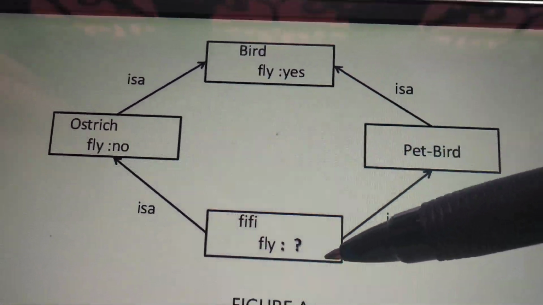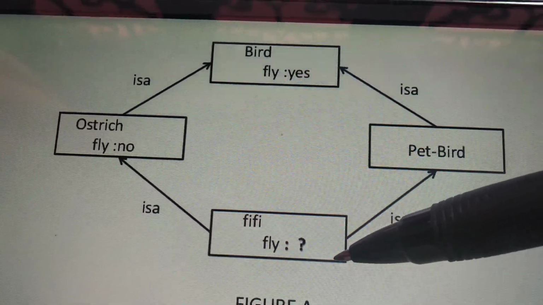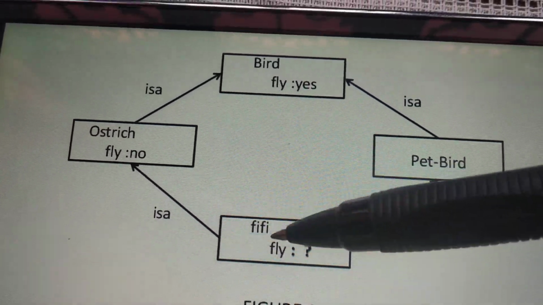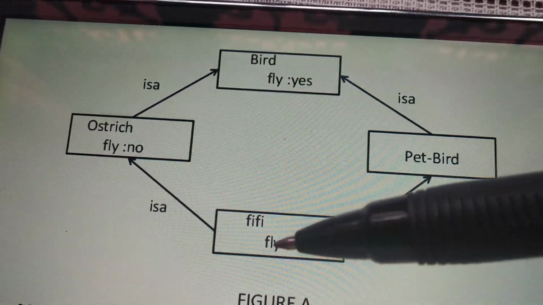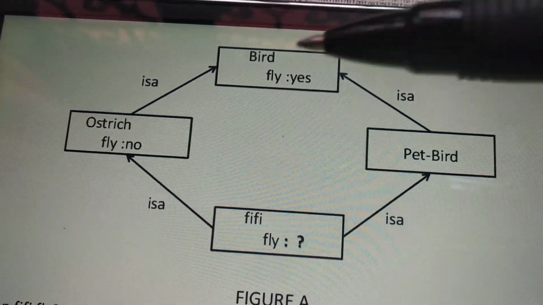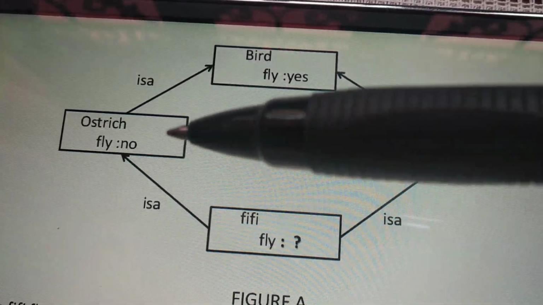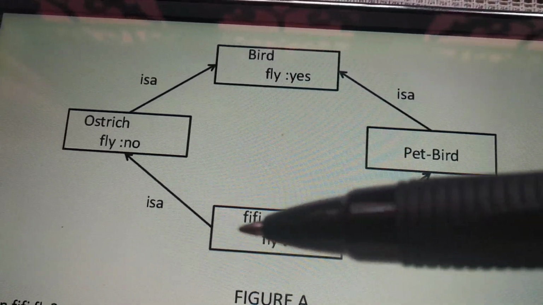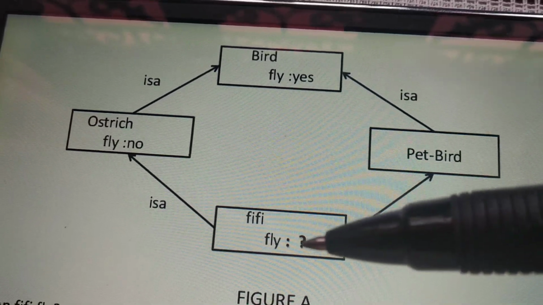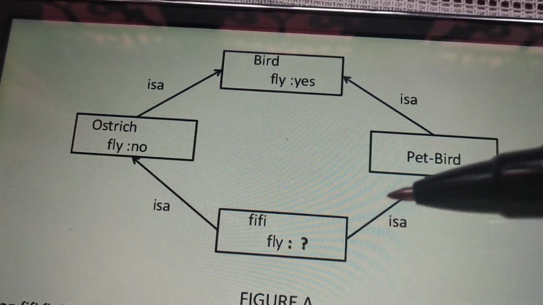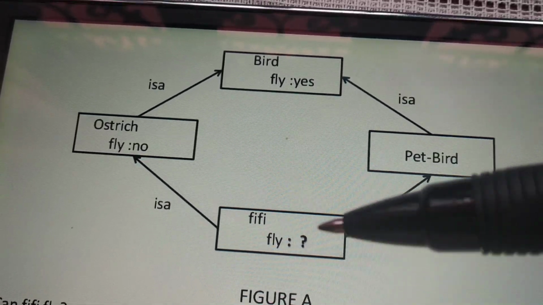Now we know that breadth first search goes breadth wise. You go upward through the isa and instance links, and whichever answer you get first, suppose from this side you go back and this answer you get first, that will be the answer. If this yes is a lengthier answer, then that won't be the answer.